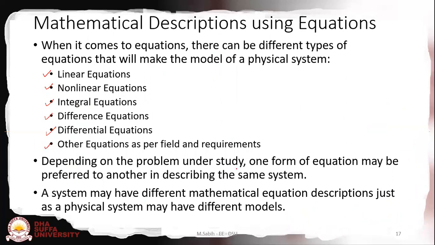Depending on the problem under study, one form of equation may be preferred to another form in describing the same system. This is a big task, having a good mathematical description. This is key. A system may have different mathematical equation descriptions, just as a physical system may have different models.